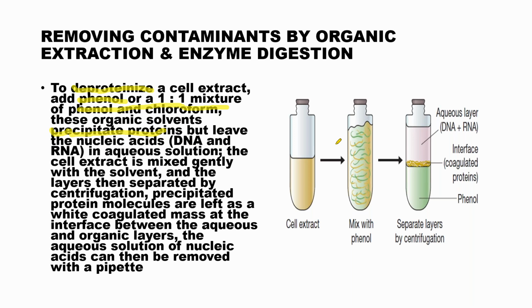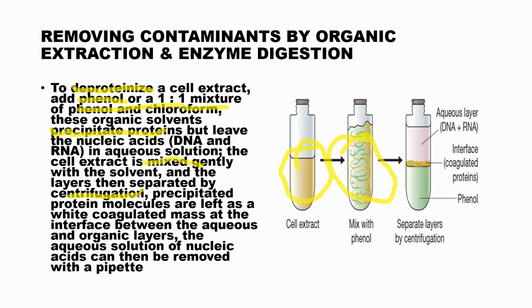You can see here, you have a total cell extract with all the components mixed with phenol, and you have some separation. So how do we do deproteinization using phenol or a phenol chloroform mixture? The cell extract is mixed gently with the solvent, that is the phenol chloroform mixture in a 1:1 ratio, and the layers are then separated by centrifugation.